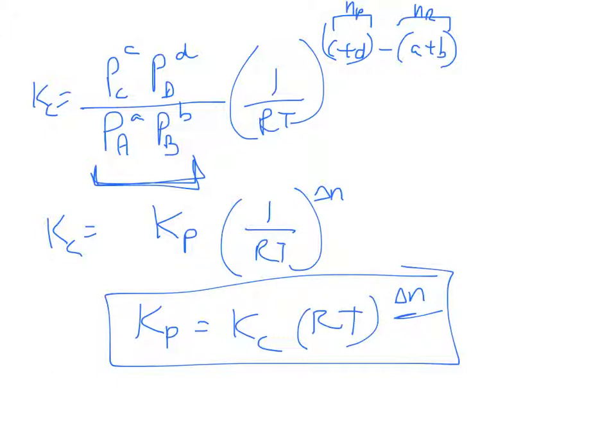So if that is given, you can simply use that to determine the value of Kp for that particular situation. Now there are certain situations where you would find that the value of Kp and the value of Kc would be exactly the same.